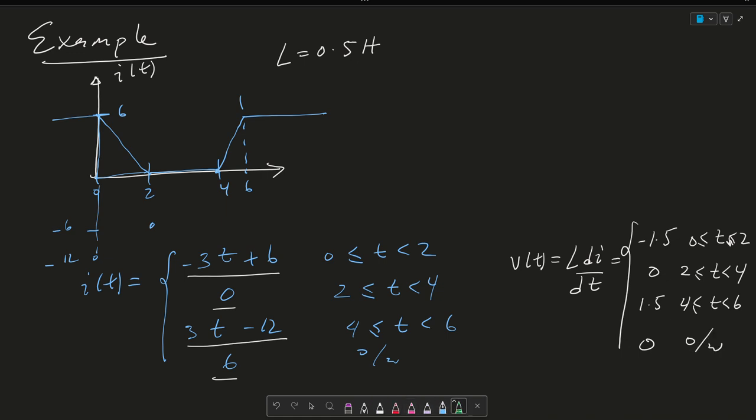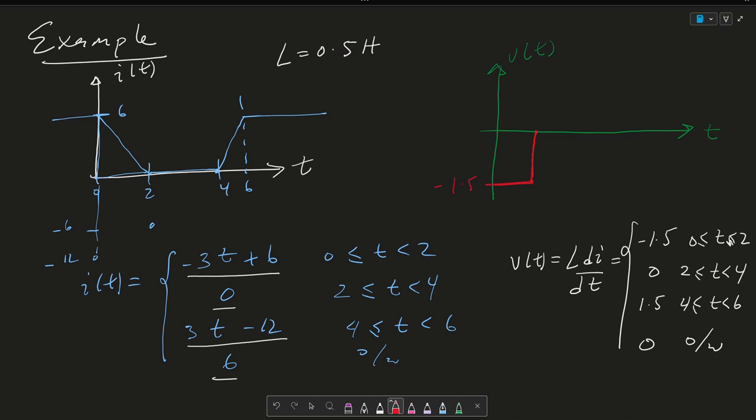So in this graph we draw, we're going to see that instantaneous shift. Here we have v(t), and this is t. So here we have minus 1.5, and then it shoots up. It changes rapidly.